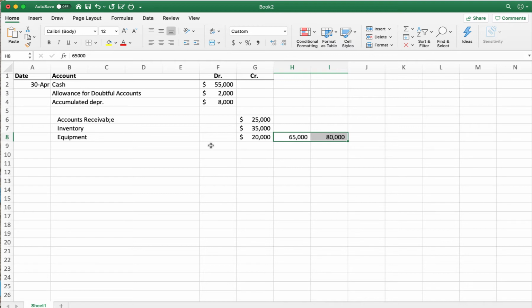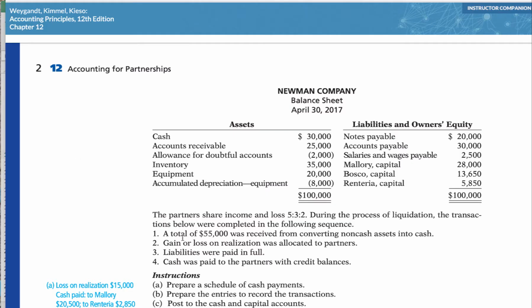So we need to calculate what all our non-cash assets were, right? We need to put them in, we need to do our calculation. So I'm going to come down here and I'm just going to do our calculation. This is actually part 2, right? Part 1 says a total of $55,000 was received for converting non-cash assets into cash. Great.